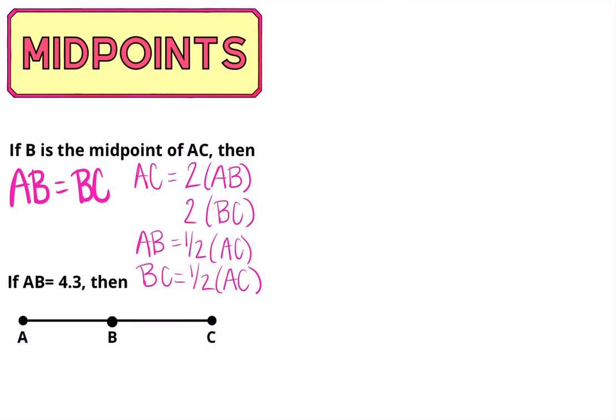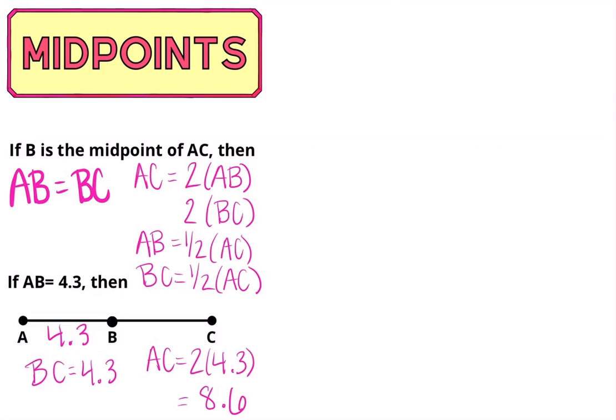For example, if AB is 4.3, and we know B is the midpoint, then BC equals 4.3, and AC is 2 times 4.3, so it would be 8.6.